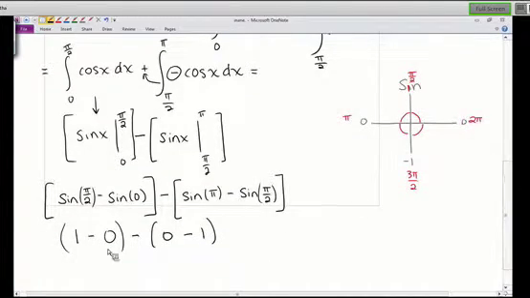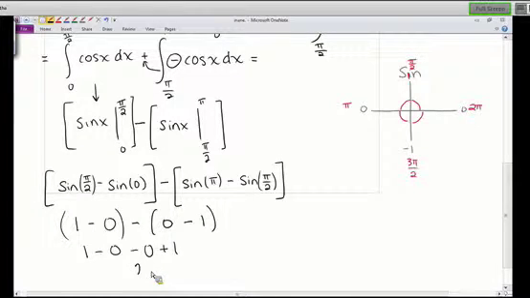Now finally, our final answer, 1 minus 0 minus 0, bringing that negative on the inside of our parentheses, we'll have a plus 1. And then lastly, we're just adding 1 plus 1, and we're going to get 2 square units. There's your final answer, 2 square units.